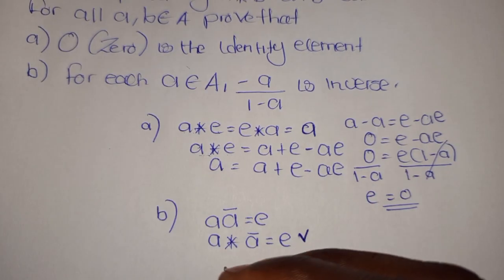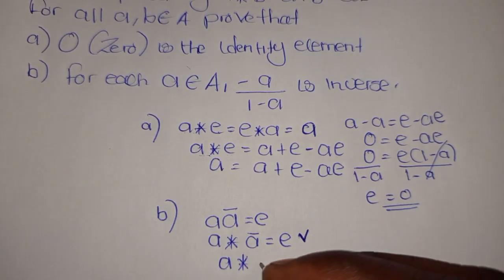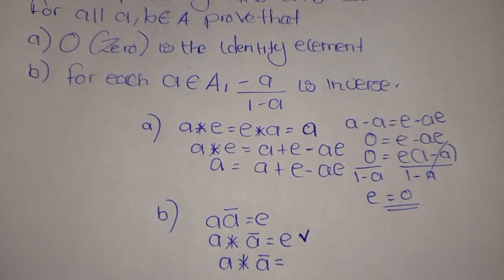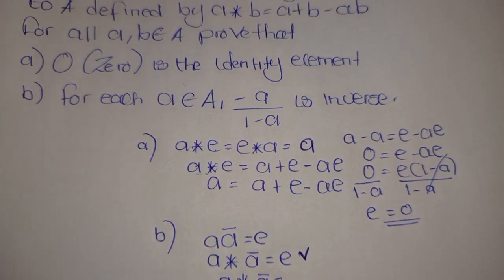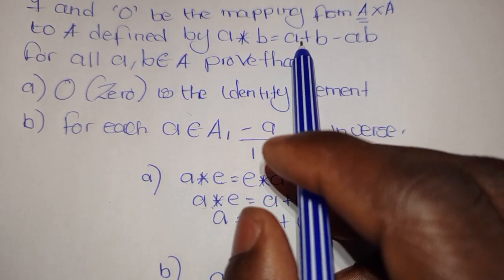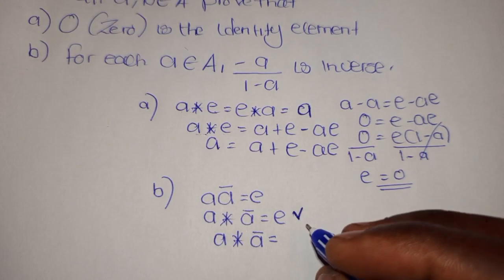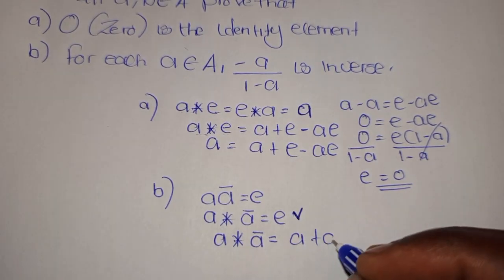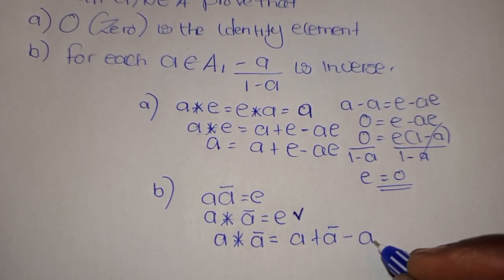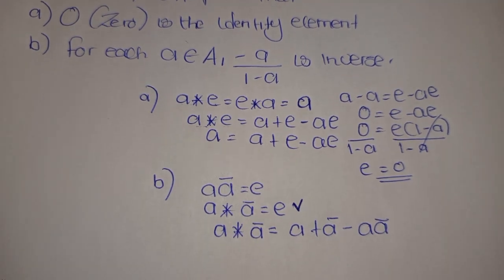So from here we can say our A star A inverse equals, remember, we are replacing this in the original expression, of which the original expression here is A plus B minus AB. So it will become A plus A bar minus A A bar.